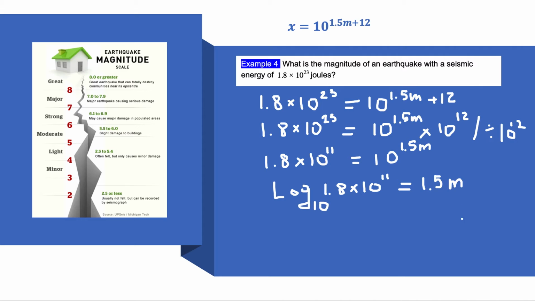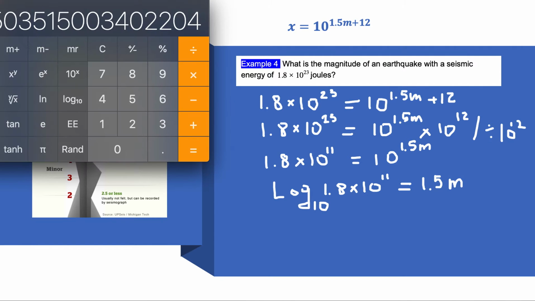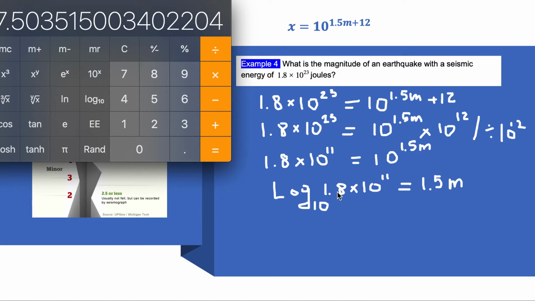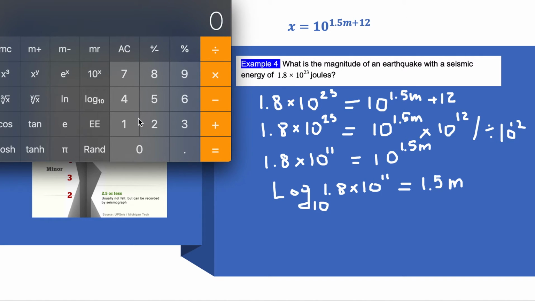And now we can take a calculator and calculate. First, we take this number, 1.8 times 10 to the exponent 11. Written out, it has 11 zeros: 1 2 3 4 5 6 7 8 9 10 11, so it's 18 with 11 zeros.